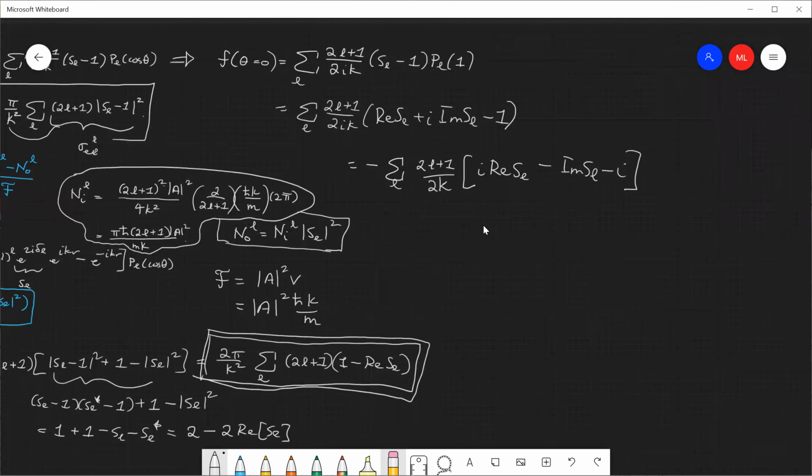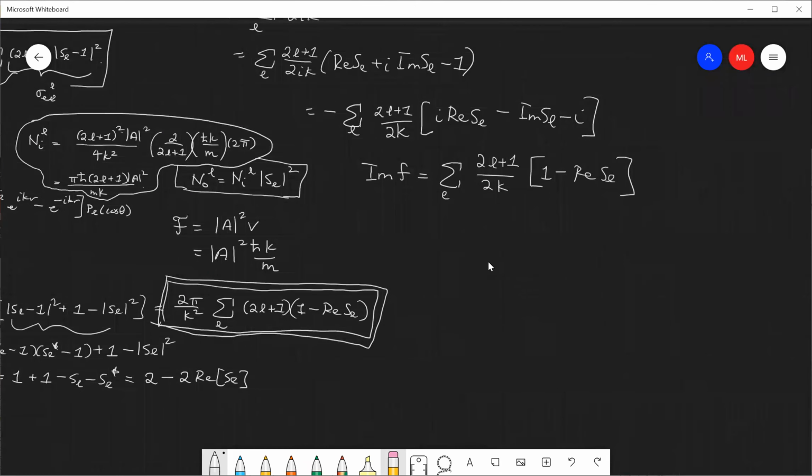So if we look at f, it'll have a real and imaginary part, and the imaginary part, that's all the stuff that's proportional to I, right? So the stuff that's proportional to I is the sum over L, 2L plus 1 over 2K. And if we multiply through by this minus sign, it's 1 minus the real part of S sub L. The other part is the real part of f. But the imaginary part is this.